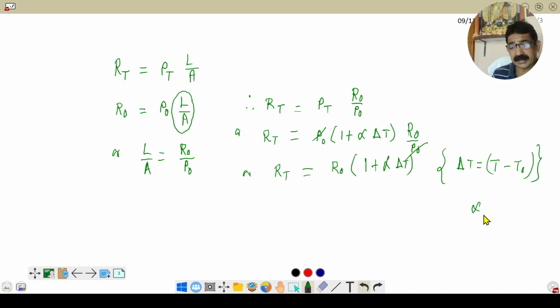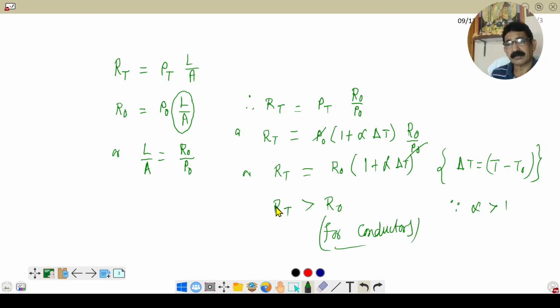As alpha delta T is greater than 0, R T is greater than R naught. That means the resistance of any conductor at temperature T higher than 0 degree is greater than the resistance at 0 degree.